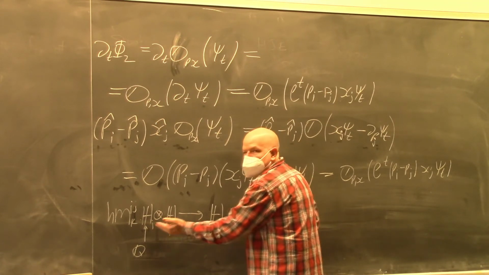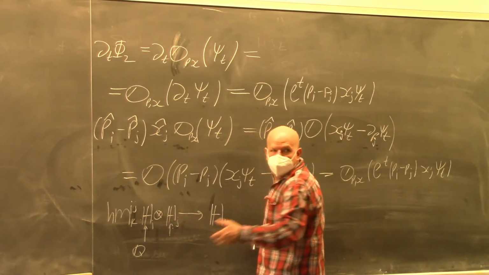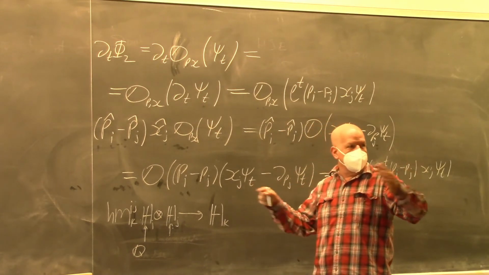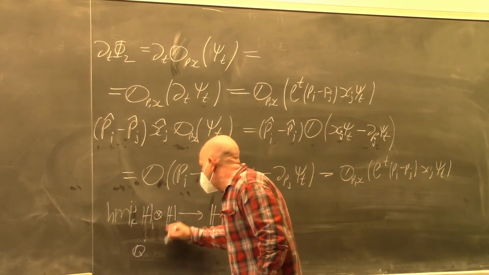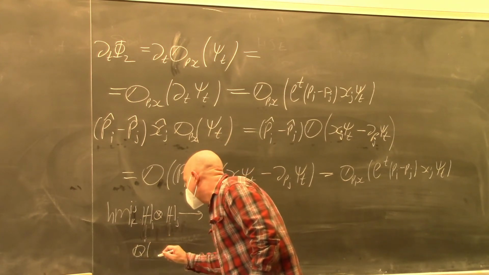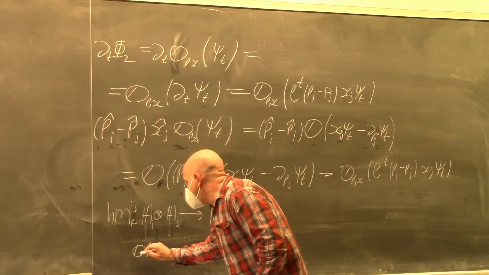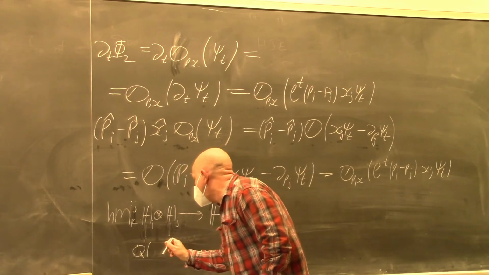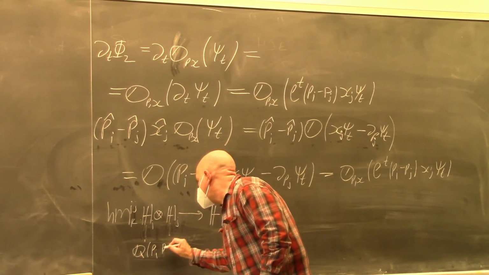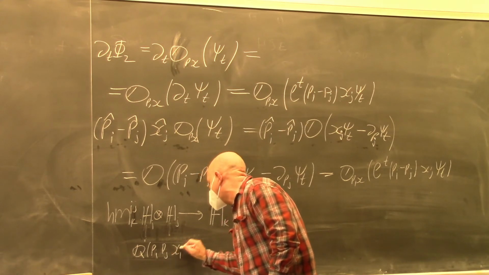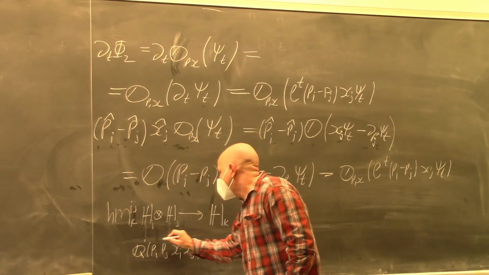And if you tensor two polynomial rings, you get the polynomial ring in the union of the list of variables. So basically, the ordering map takes polynomials in pi, pj, xi, and xj into here.